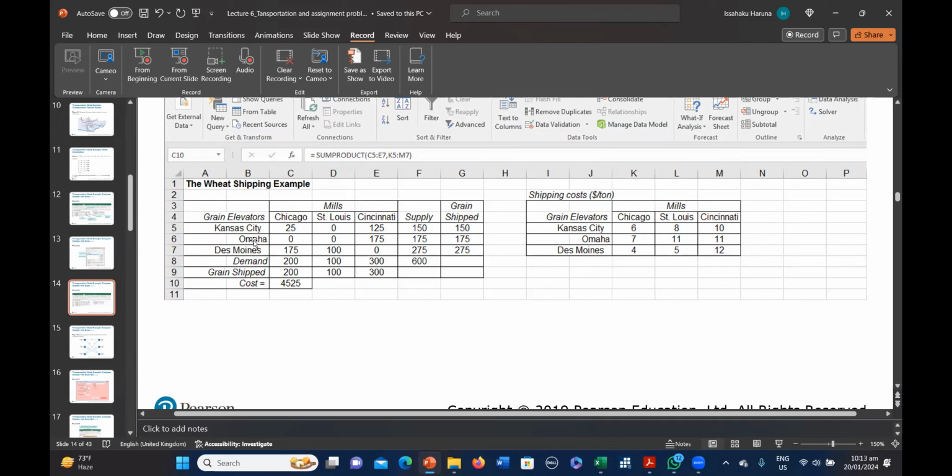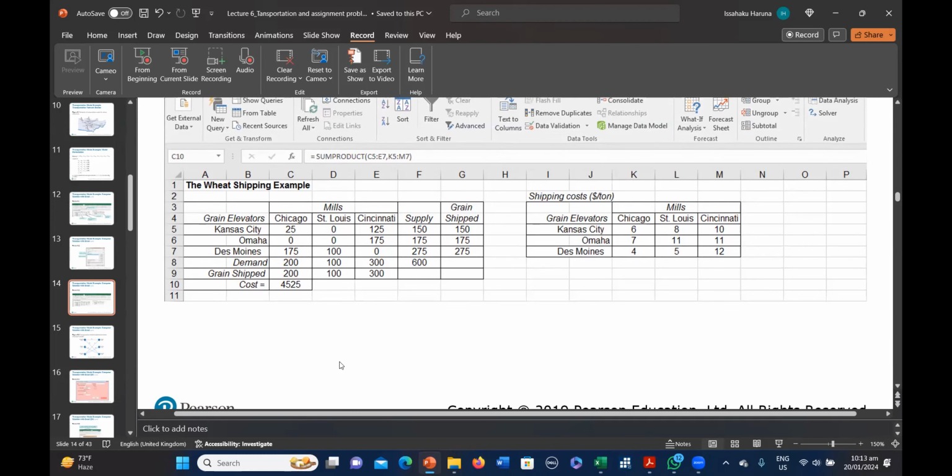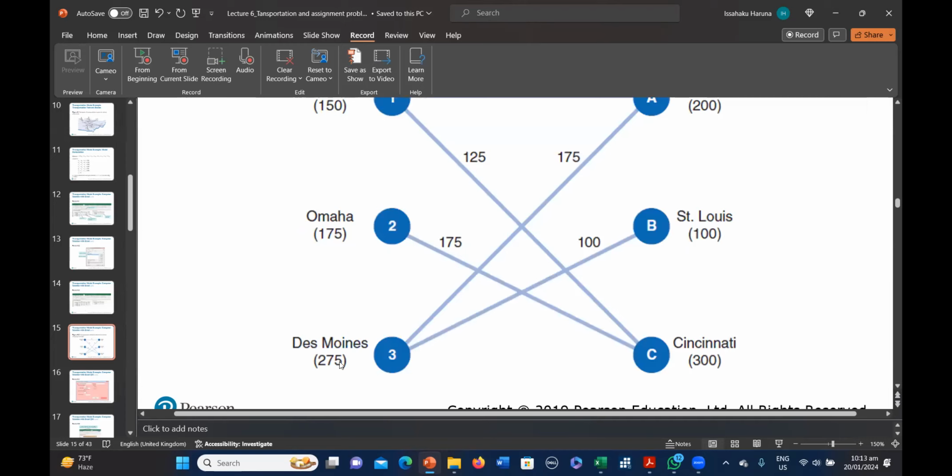You send all to Cincinnati, so there will be one arrow moving from there. Then 175 and then 100. So those are the arrows that you see here.